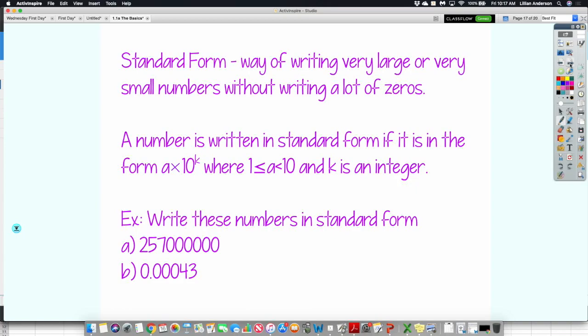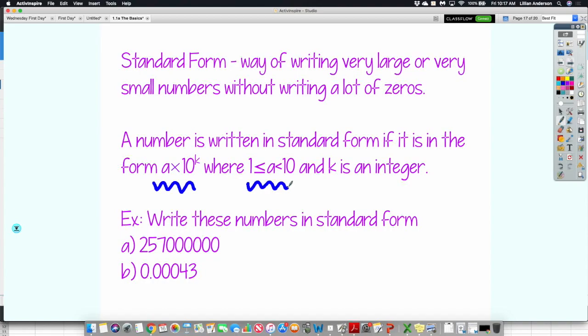The form in which standard form is written is A times 10 to the k power, where A is a number between 1 inclusive and 10 exclusive, and k is an integer. Everybody remember scientific notation? Or standard form, I guess I should say.